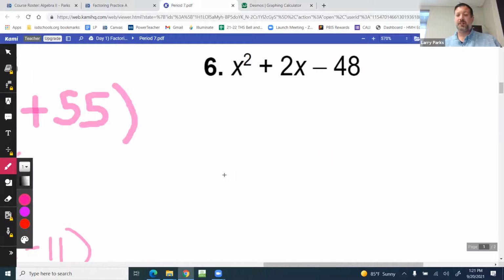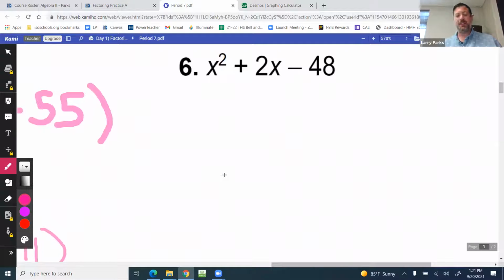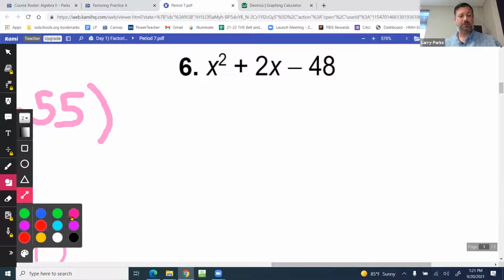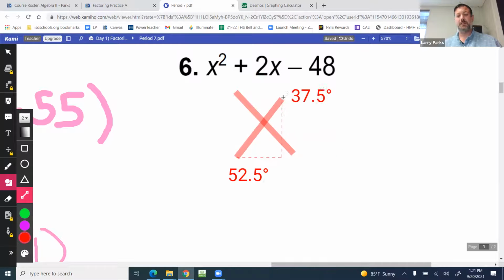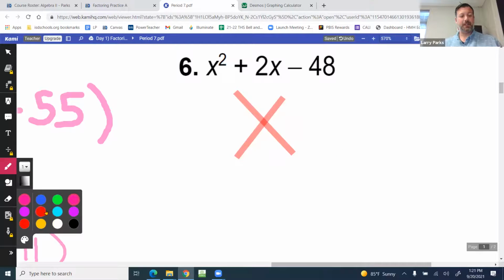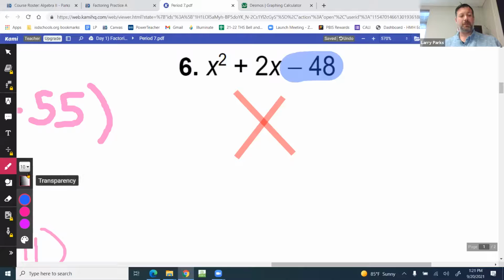Okay. My last problem is going to be number 6. There's not a negative. So I take this number over here, this number, and I put that on top.